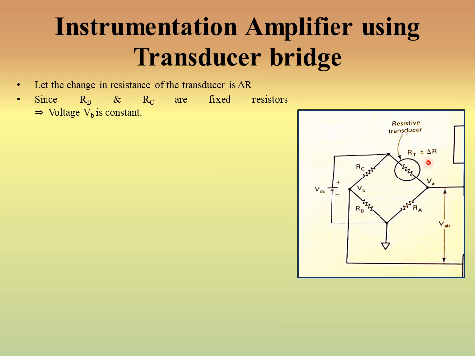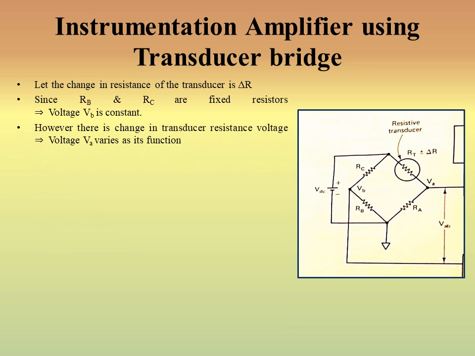Because of this, this resistance changes. So what will happen? VA changes as a function of this change in resistance delta R. So there is a change in transducer resistance voltage, and VA varies as its function.